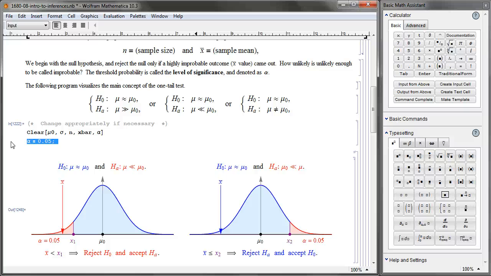What do I mean by that? This alpha is the area of this red region here, the wing part, or the probability that you end up with a sample mean less than x1 under the null hypothesis.